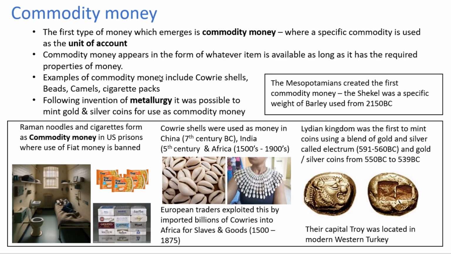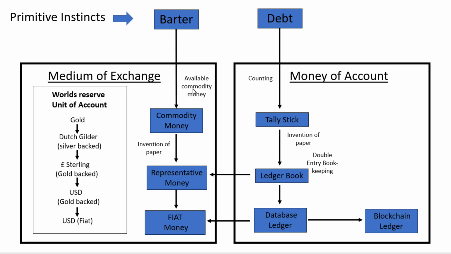Main examples given are the cowrie shells, which were popular in India, Africa and also China, beads, and in situations like in a prison, you find that people start using cigarette packets and even ramen noodles become a commodity money that circulates in prisons. So we see that there is this natural progression from just normal barter to the use of commodity money.